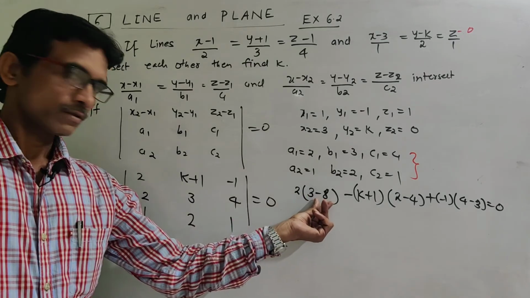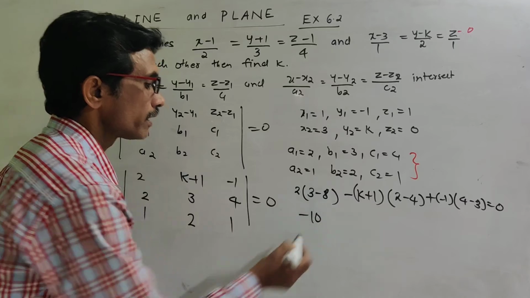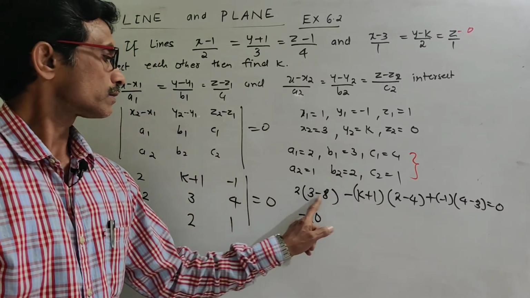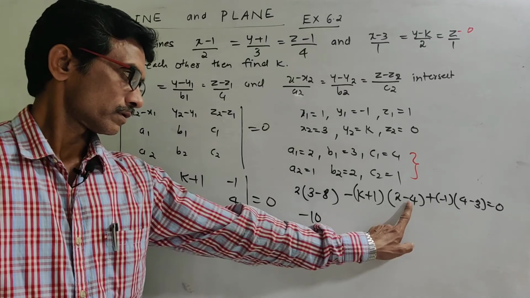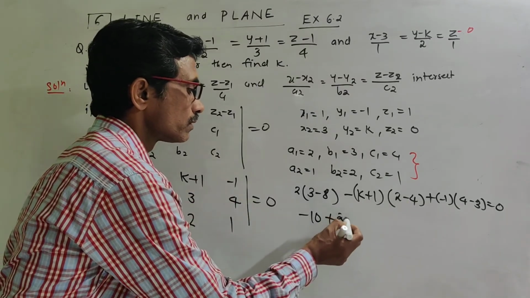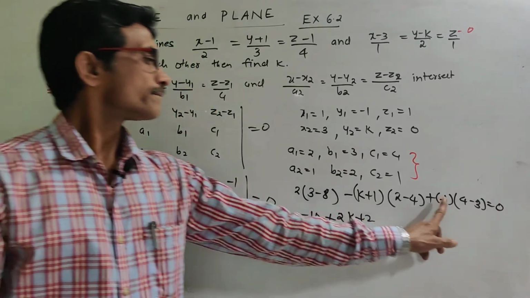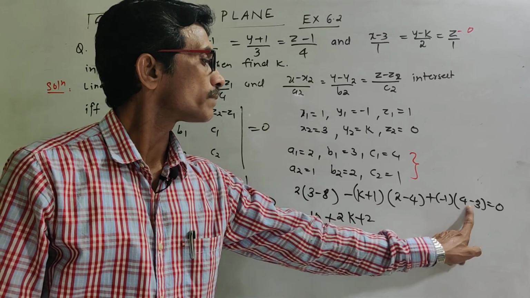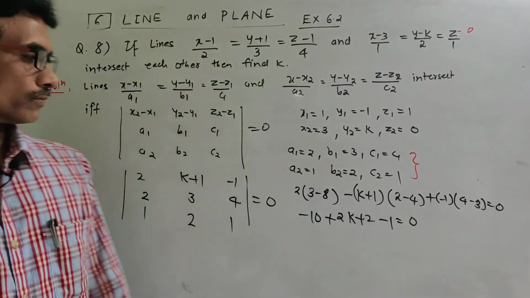This is minus 5, that is minus 10 it will be. Minus 5 into 2, minus 10. Here it is minus 2 and this plus 2, k plus 2. Here minus, that is minus 1, is equal to 0.